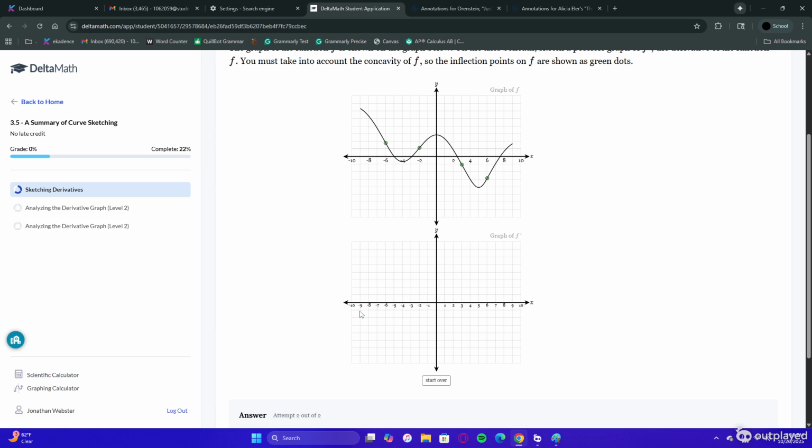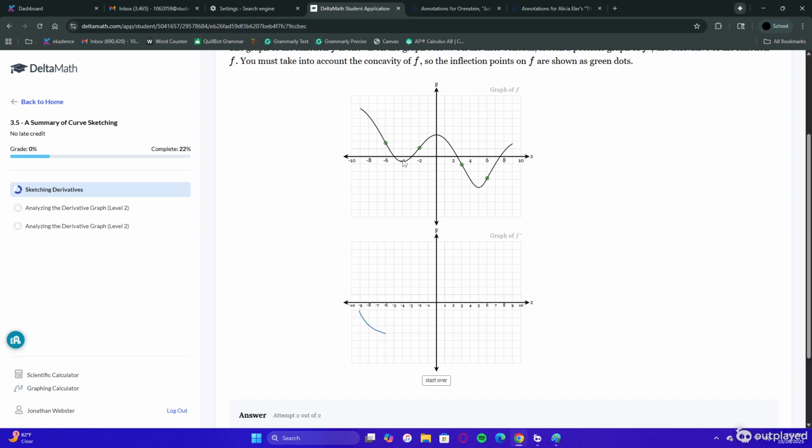So from -9 to -6, it's going to be decreasing and it's going to be below 0. And then -6 to -2 here, you're going to see that f is concave up. So from -6 to -2, it's going to be increasing.